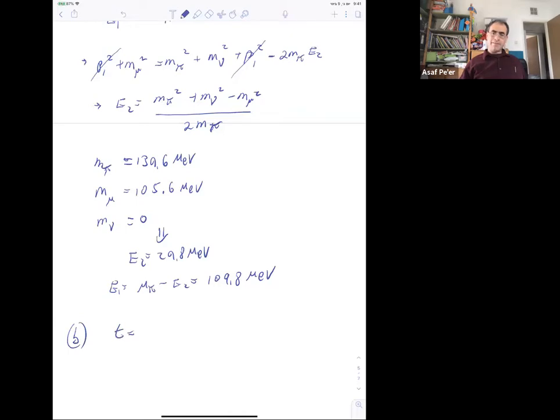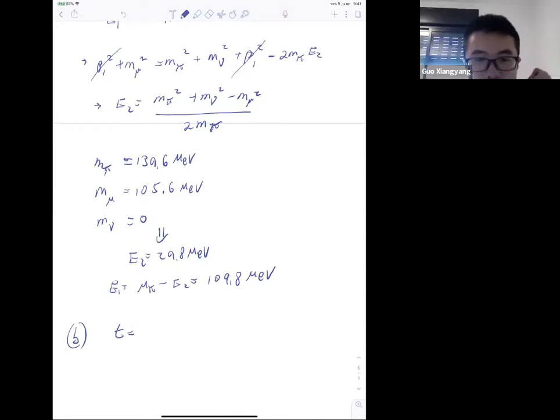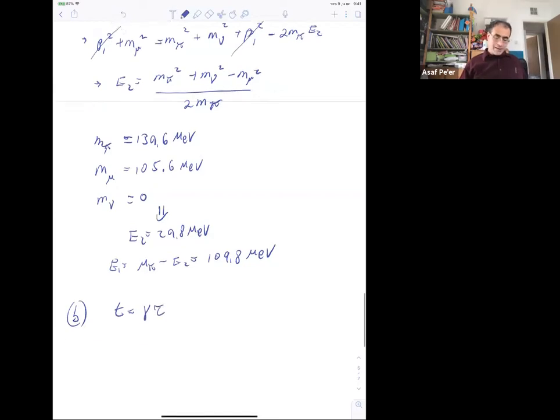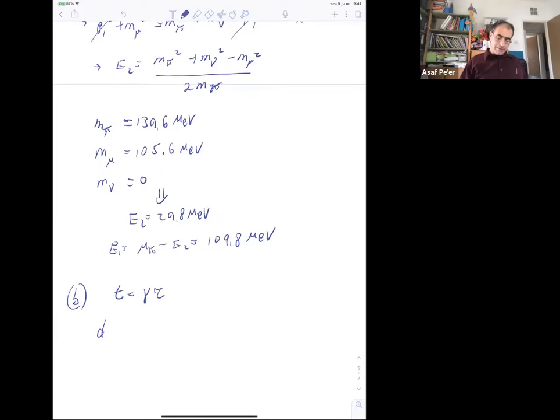What is the time, as measured by somebody? Gamma times tau. Gamma times tau, very good. And what is the distance that it travels?